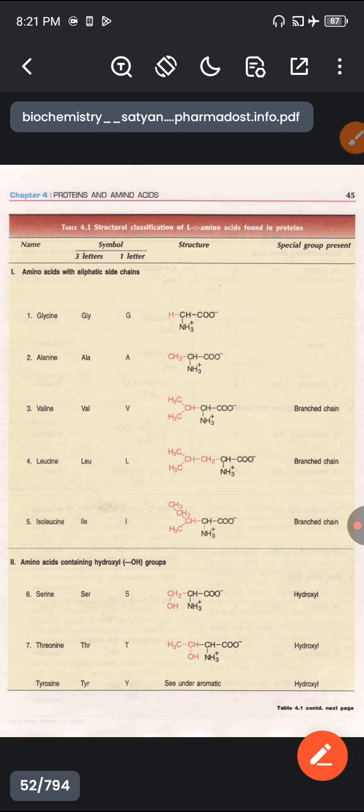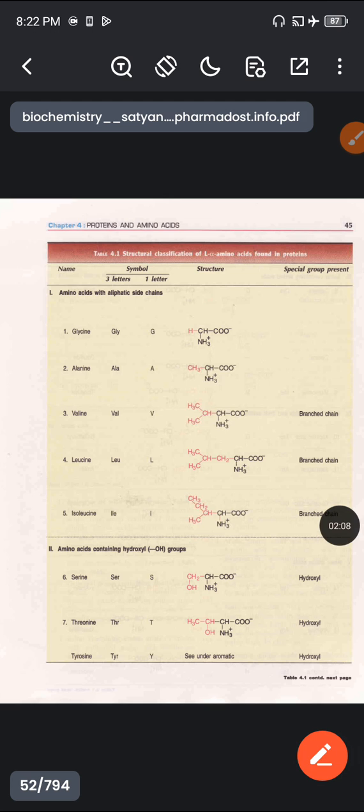That is amino acids with aliphatic side chain. We have 5 amino acids with aliphatic side chain. Also we have amino acids with hydroxyl group, that is amino acids that contain an OH group at their side chain. We have serine, threonine, and tyrosine. You can differentiate them the way I did last time.